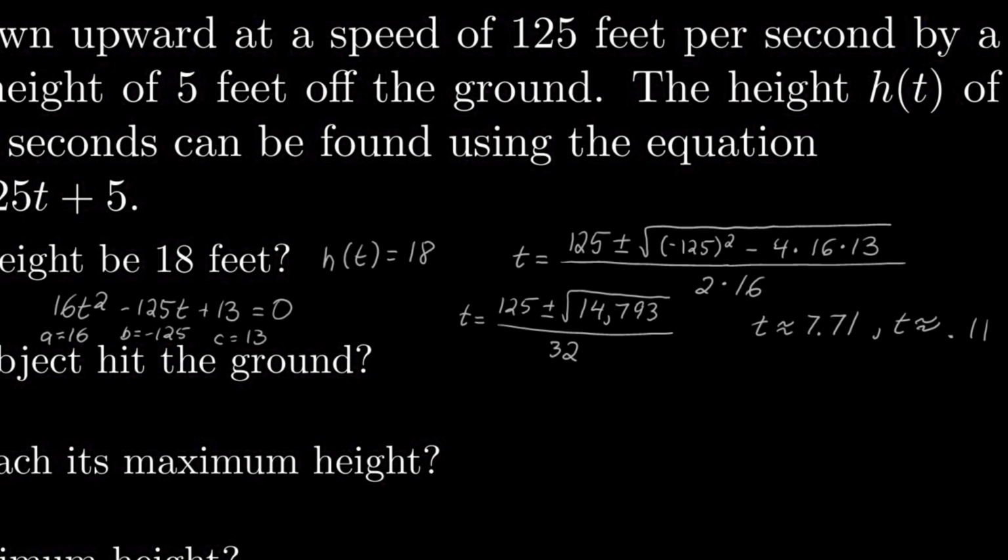But then it reaches its maximum height and starts falling back down, and on the way down before hitting the ground, it will pass through the height of 18 feet above the ground again. So those 2 times that are, to remind you, in seconds in our problem, definitely make sense that the object will be at the height of 18 feet at both of those times.